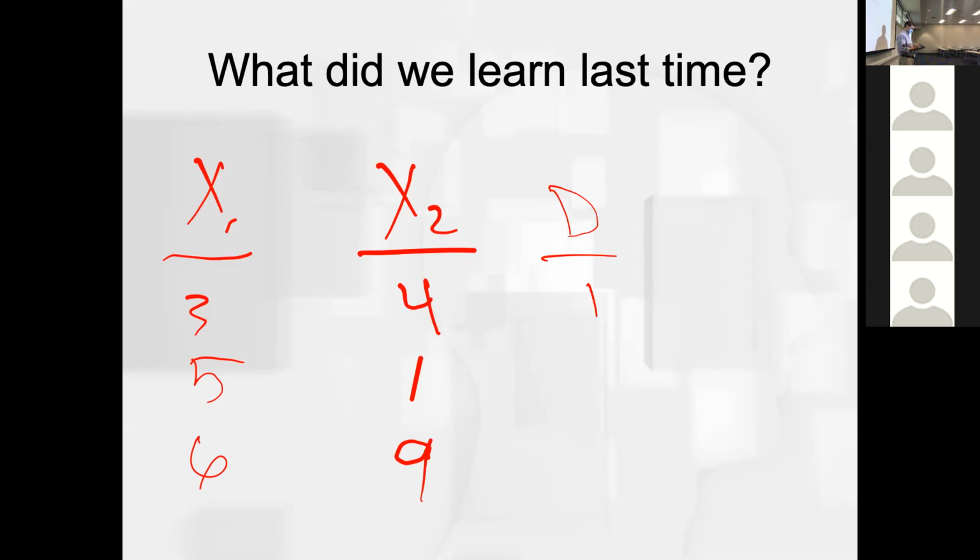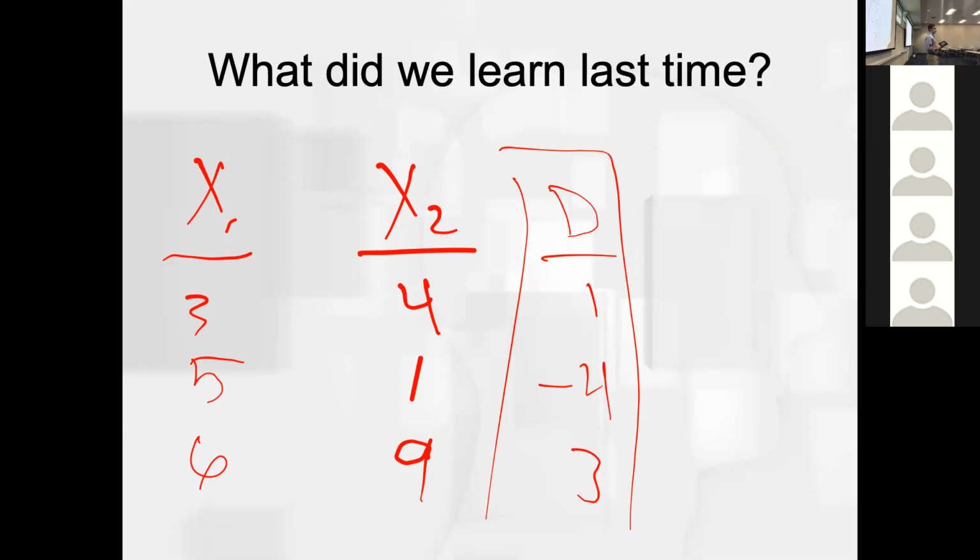So you get 1, -4, 3. Now, with the repeated measures test, everything we do is based off of these difference scores. Questions about what we learned last time?